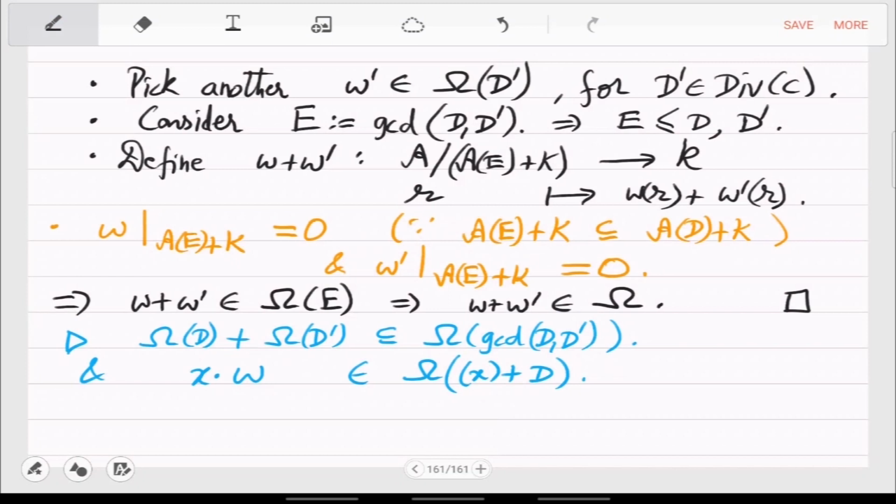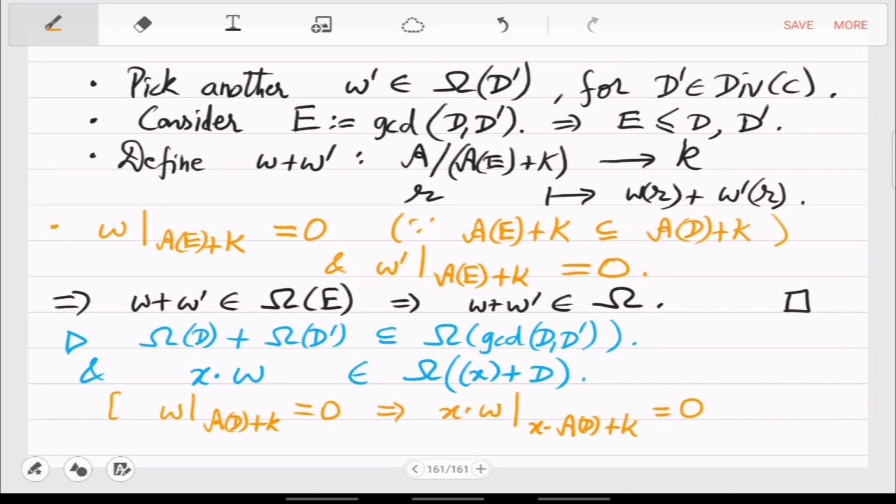Not sure about the second property. How do you show this? So, let us say omega annihilates, well, omega we know annihilates A_D plus K. So, what does x omega annihilate? X omega annihilates functions which are here. And where is x times A_D?